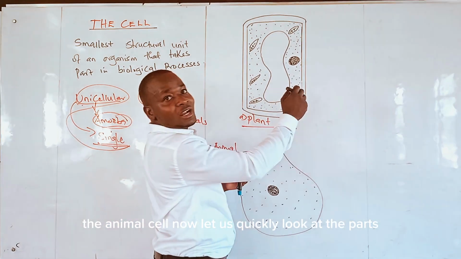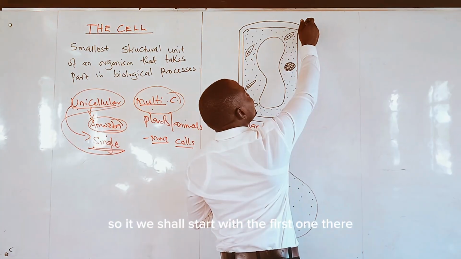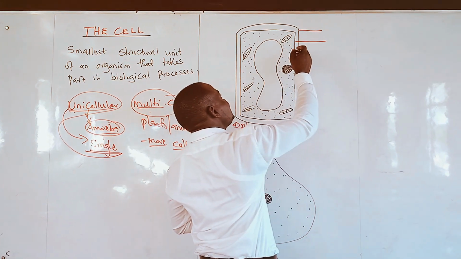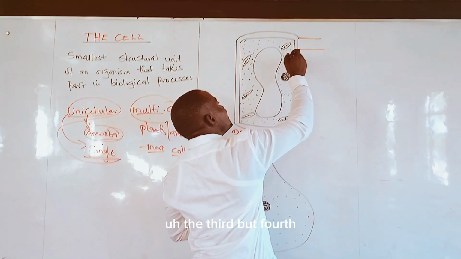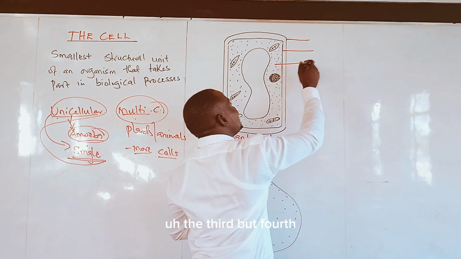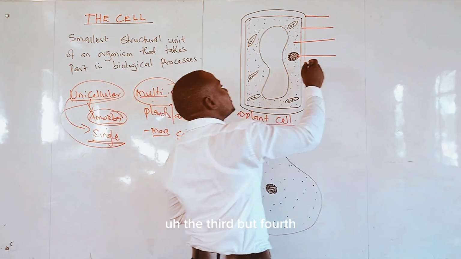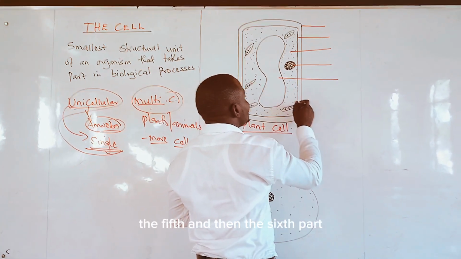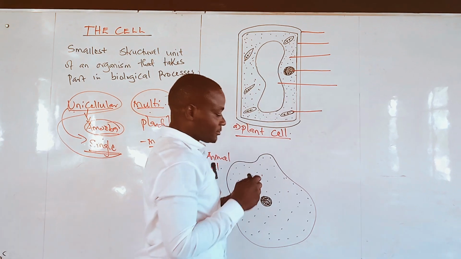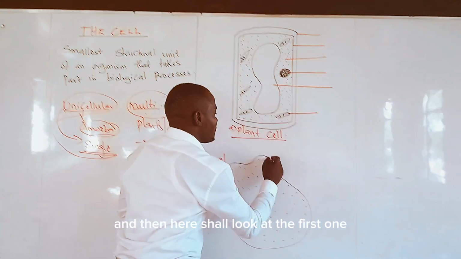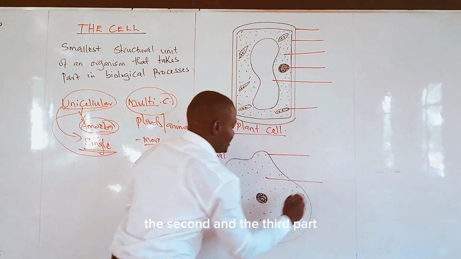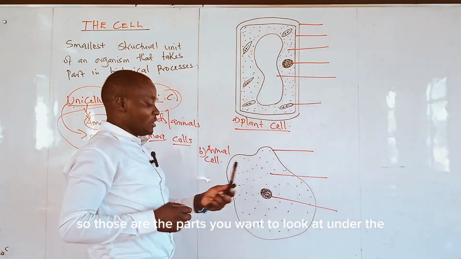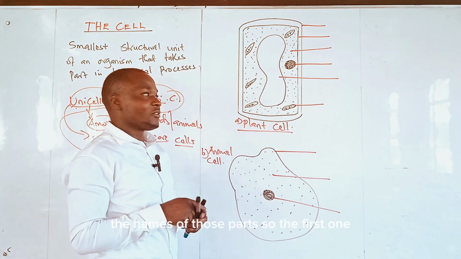Now let us quickly look at the parts. We shall start with the first one there, then the second, the third, fourth, fifth, and the sixth part. And then here we shall look at the first, the second, and the third part. Those are the parts we want to look at, and the names of those parts.